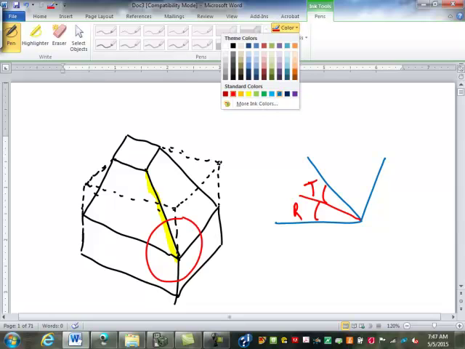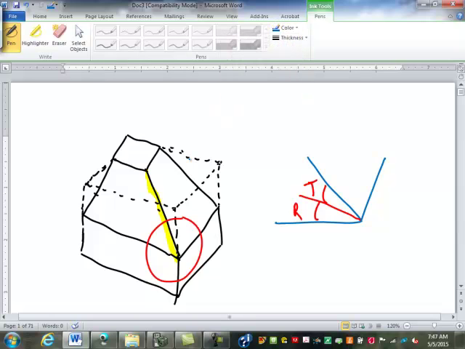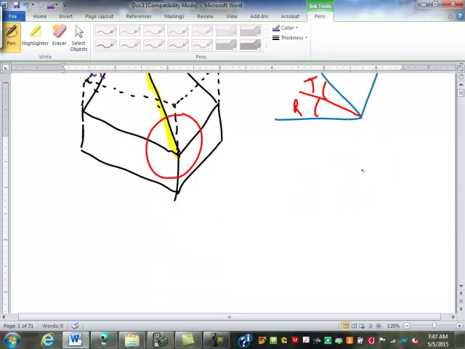There are two different ways this can be defined for me. The first way we're going to define it, I'm going to give you this angle here and this angle over here. So this angle here, I'm going to define as 24 degrees. This one over here, I'm going to define as 34 degrees. So I'm going to do this.